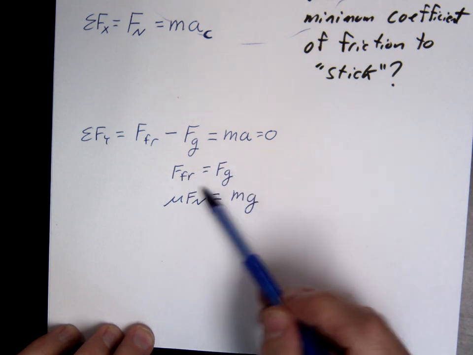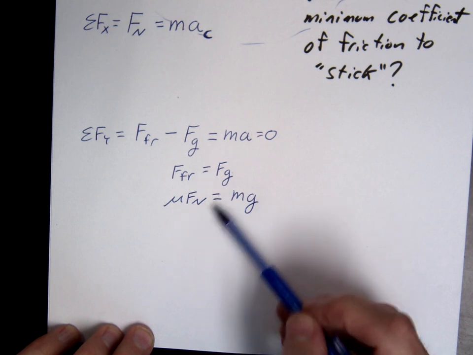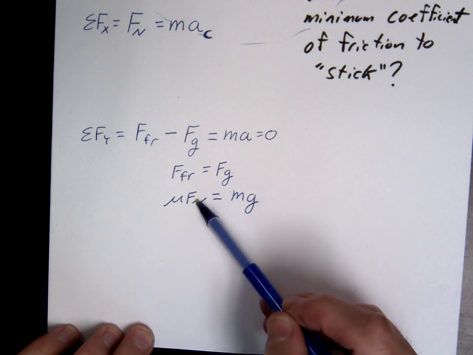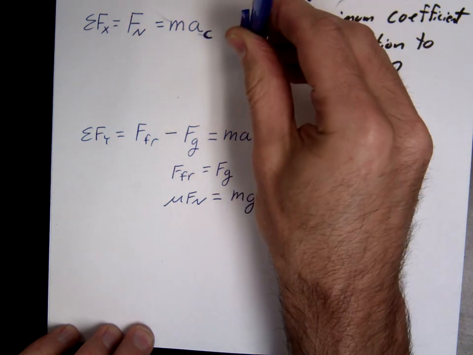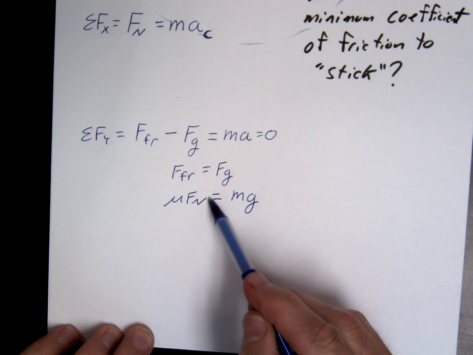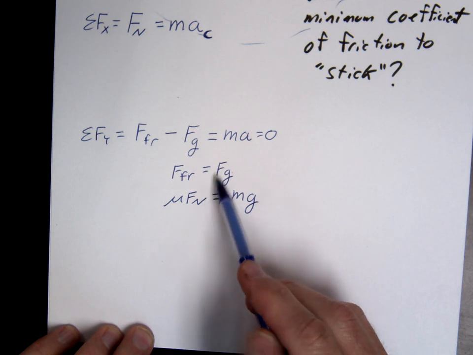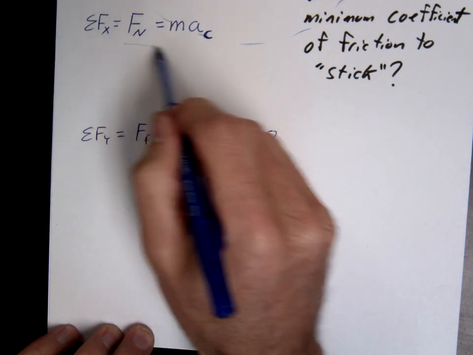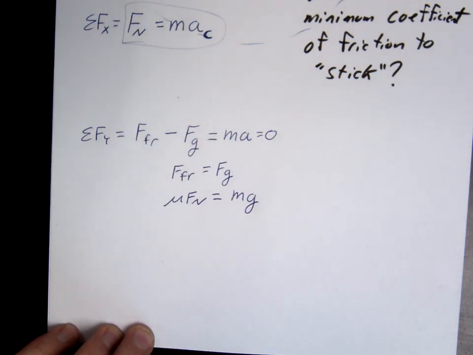Normal force, is this just mg like it is 90% of the time? No. It's only mg when you're on a flat surface, right? Do we know anything about this normal force? Okay, yeah, we found something about it right up here, right? We said the normal force was equal to mass times the centripetal acceleration.